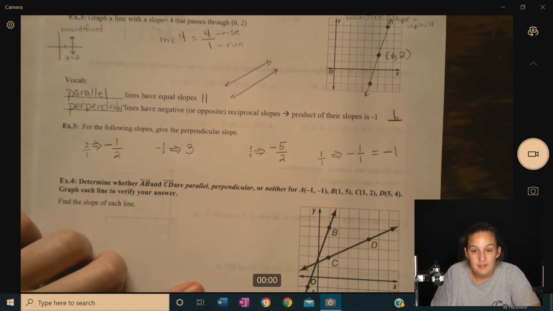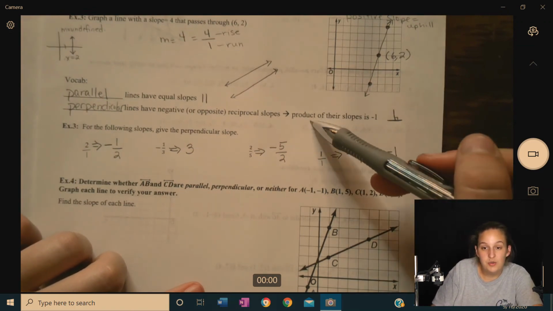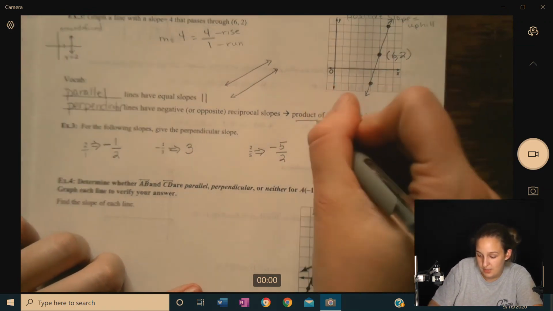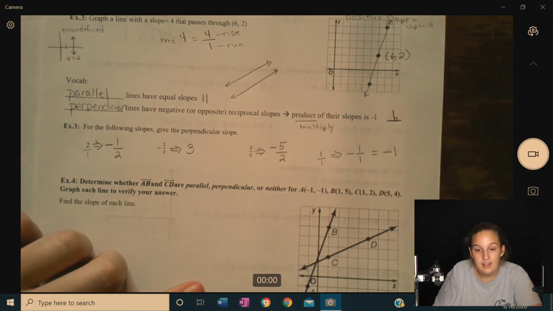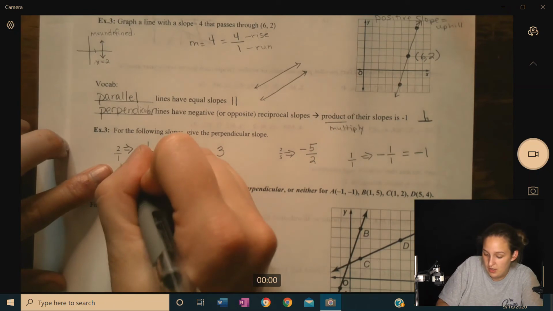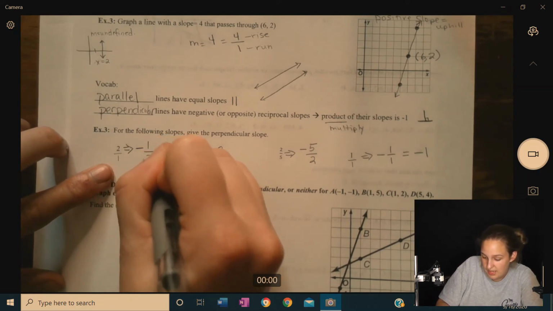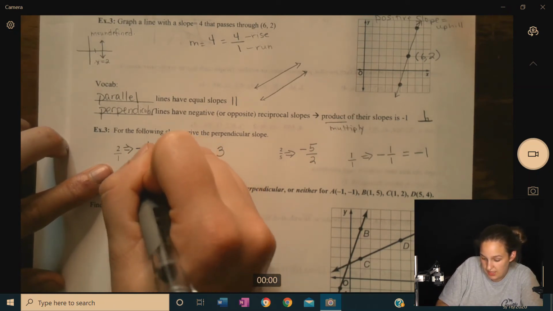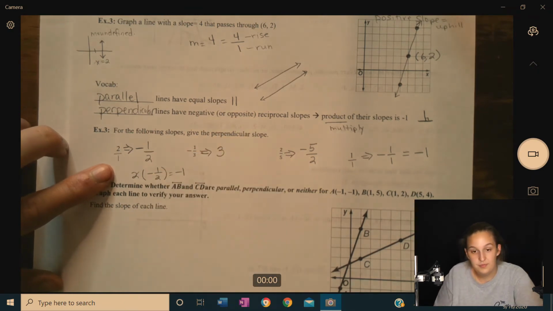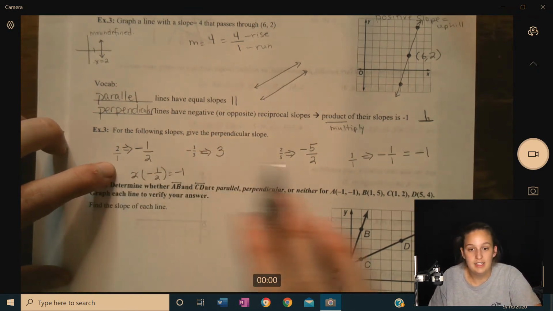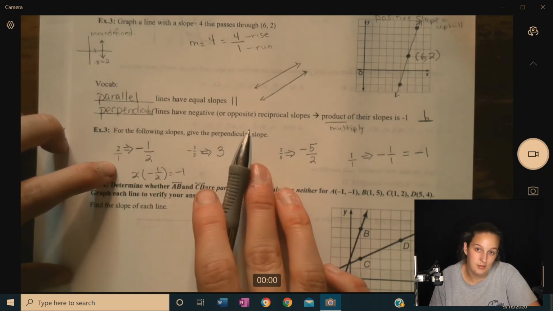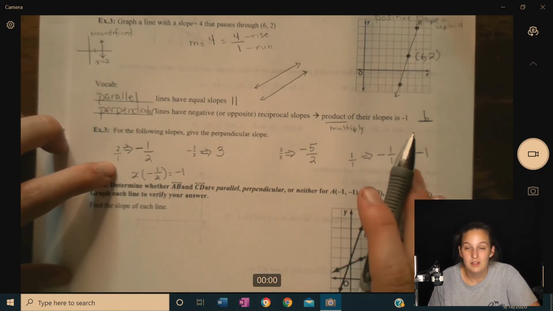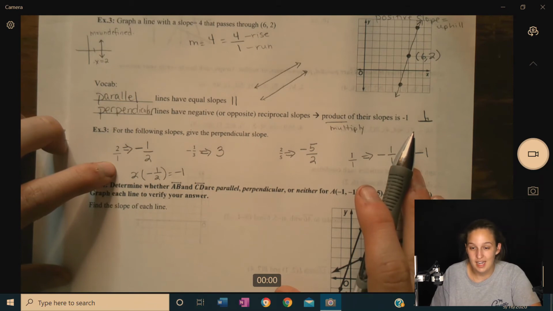And the cool thing is if you did the product, so you multiplied, product means multiplied, multiply their slopes, you get -1. So 2 times -1 over 2, well, your 2's cancel, and you're left with -1. And that's what multiplying by the opposite reciprocal means, is the product of the two is going to be -1.